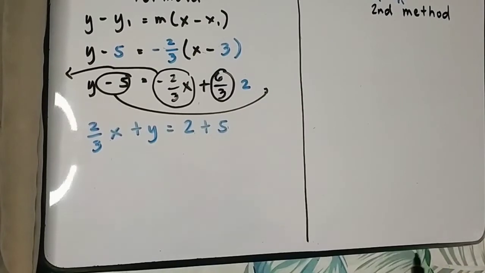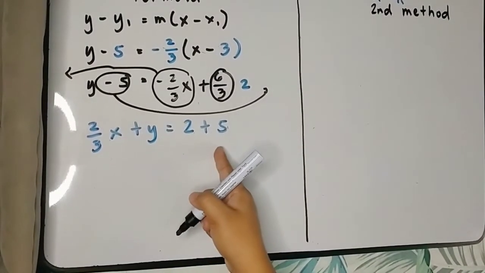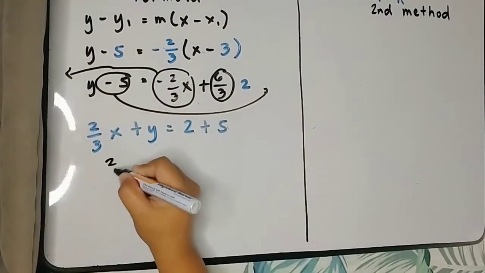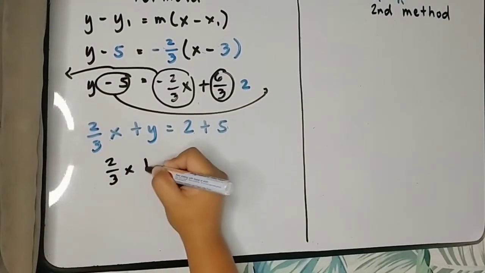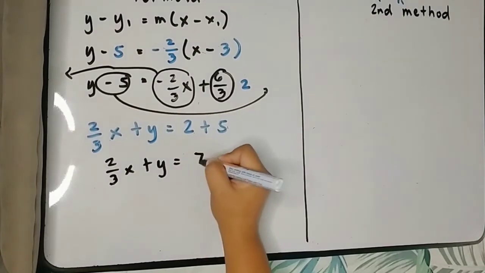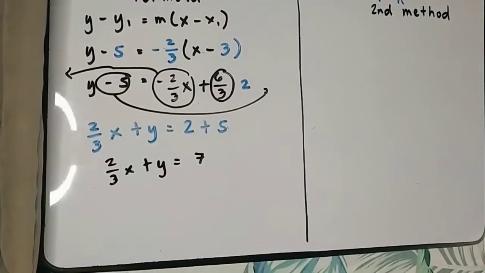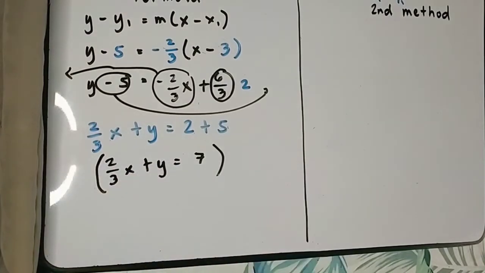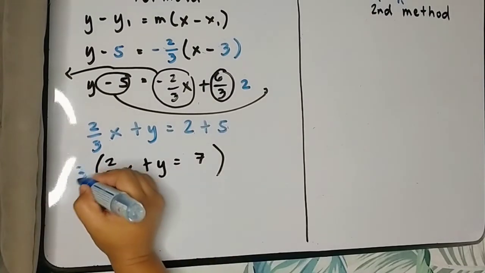Then, combine natin. So, 2 plus 5, that is equal to 7. So, we have 2/3 x plus y equals 7. Not yet in standard form kasi fraction pa. So, multiply both sides of the equation by the denominator 3. Okay?